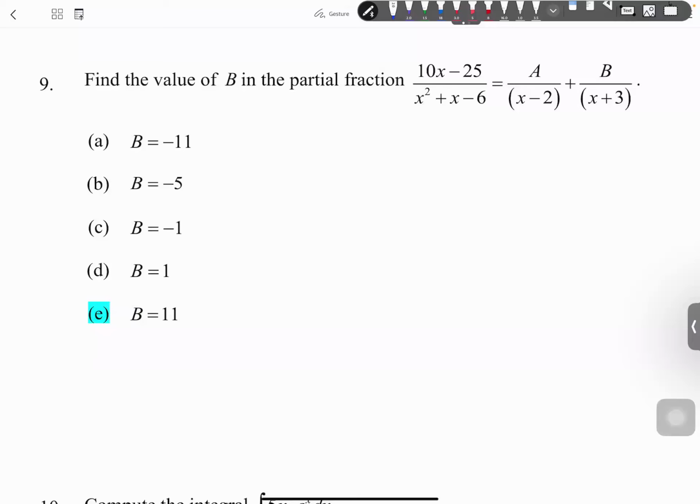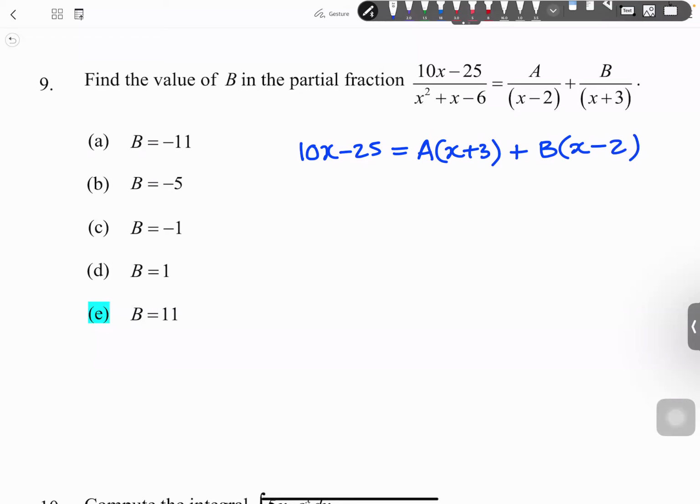If we decide to do partial fractions in this way, the problem wants to know what is the value of B. So again, by cross multiplication, what we're going to get here is that 10x minus 25 will be equal to A times x plus 3 plus B times x minus 2.